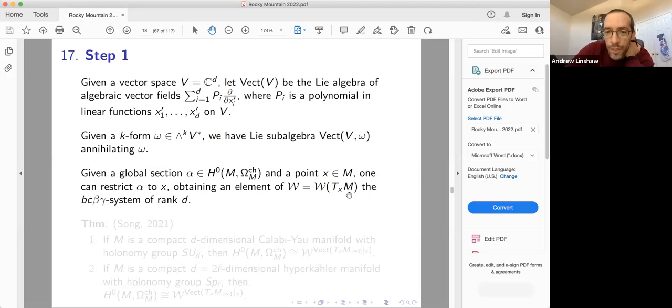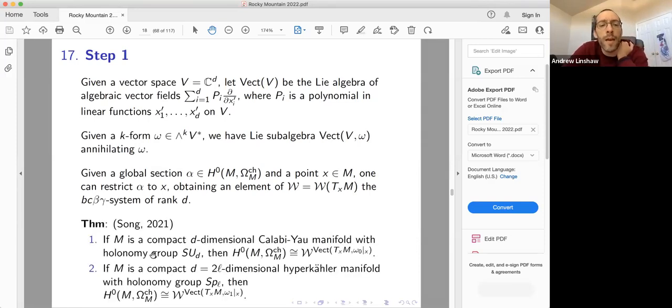It's the tangent space at this point, so this is a bc beta gamma system of rank D. The statement is that if M is a compact D-dimensional Calabi-Yau manifold with holonomy group SU(D), then H0 of M, the global section algebra, is isomorphic to the W invariants, the invariants in W under this Lie algebra of Cartan type, the ones that preserve the volume form restricted to this point.